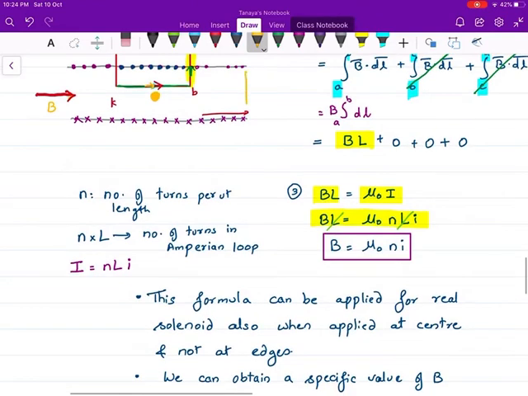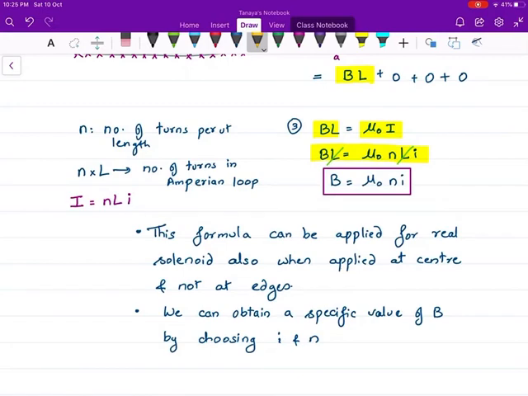But at the edges, you cannot use it. And we can convert this solenoid into a magnet giving the magnetic field B that we require, by choosing the number of turns and current flowing. So this is the equation for the magnetic field inside an ideal solenoid using Ampere's law.